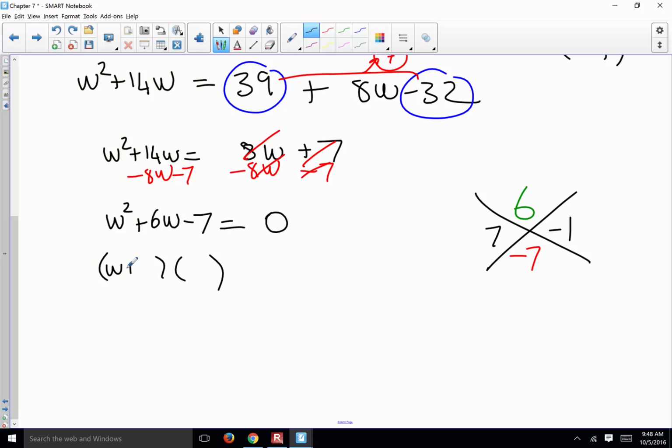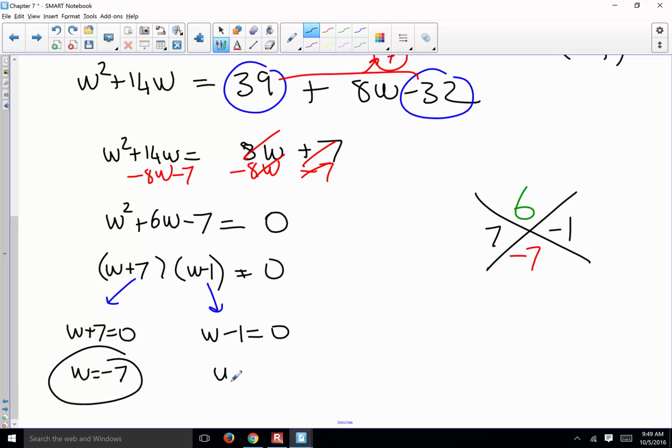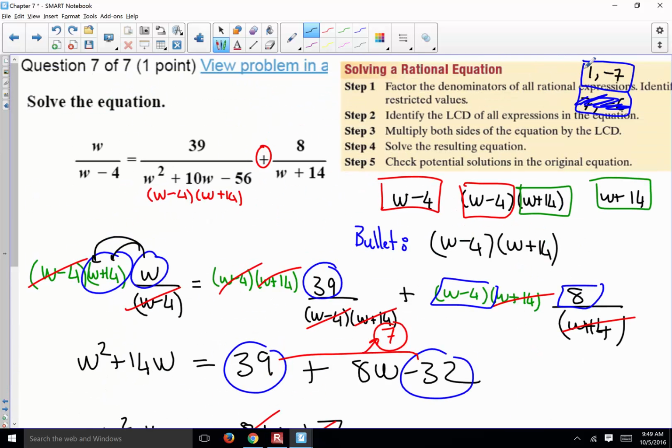Seems right to me. Break each because they are set to 0. Two numbers multiplying to 0 can be each 0, so we set each to 0. And -7 is the left side, 1 is the right side. See if we have a match. Yes.